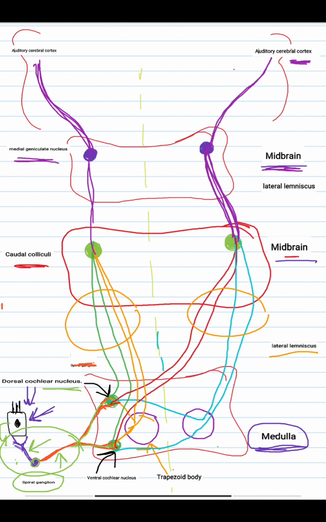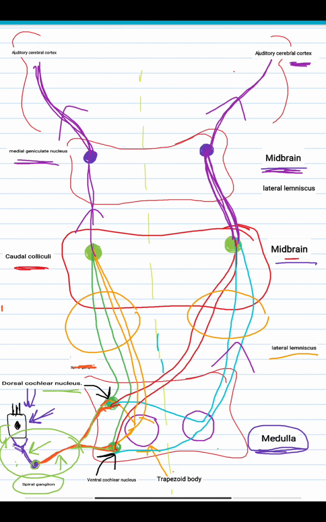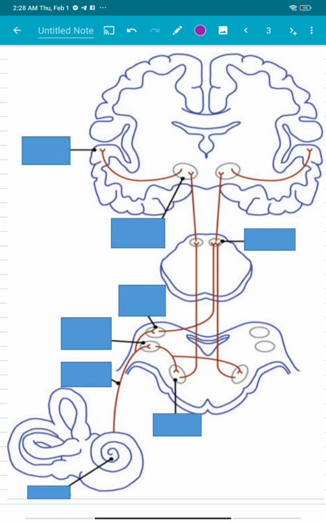This pathway is called the ascending auditory pathway, which carries the sound waves or the vibrations to the brain as an electrical current. So let's repeat it briefly.